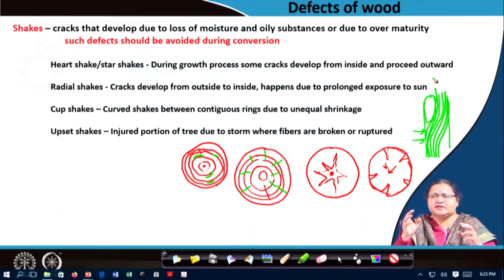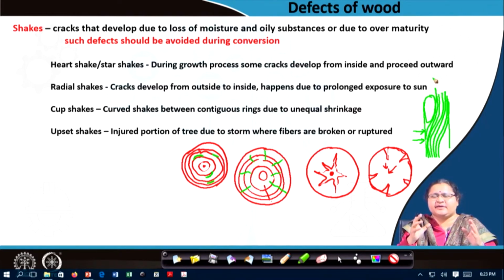That has created fibers in a different direction, no longer perpendicular to the rest of the fibers. So, these areas become weak portions and these are all together called shakes.